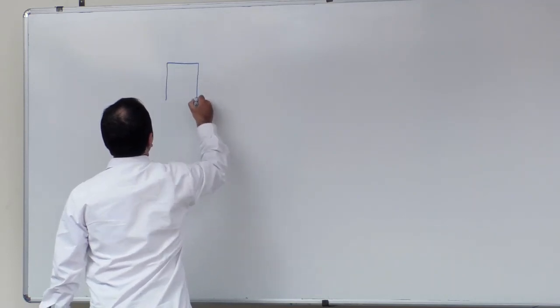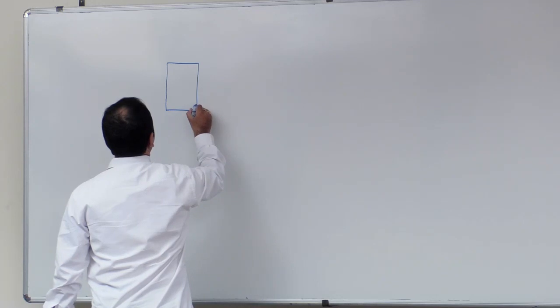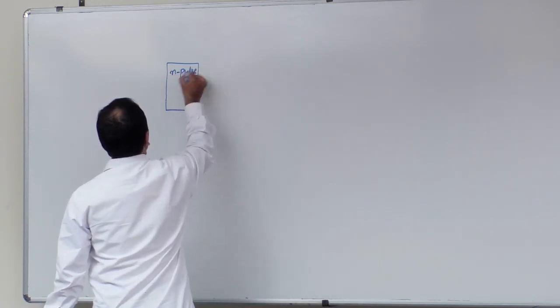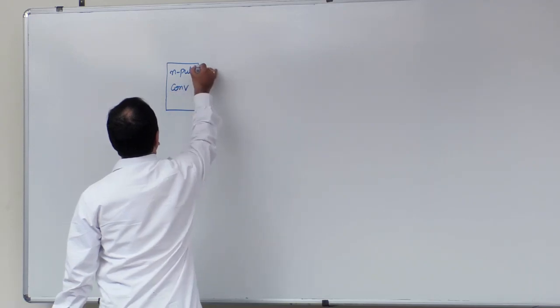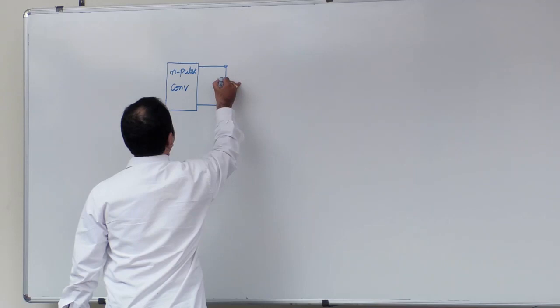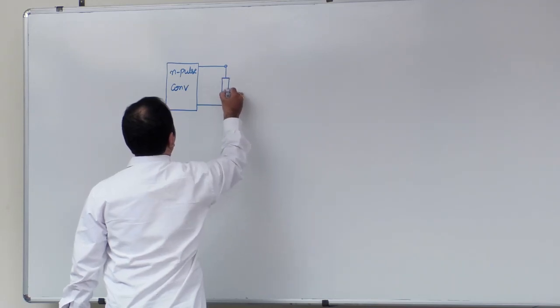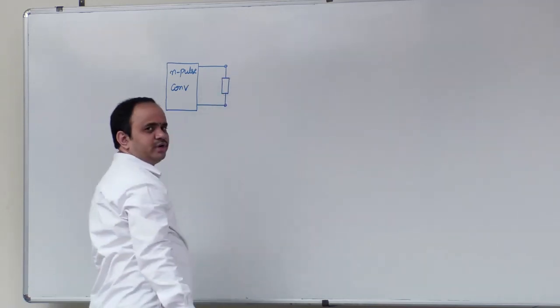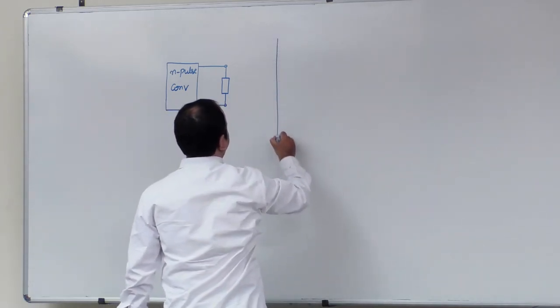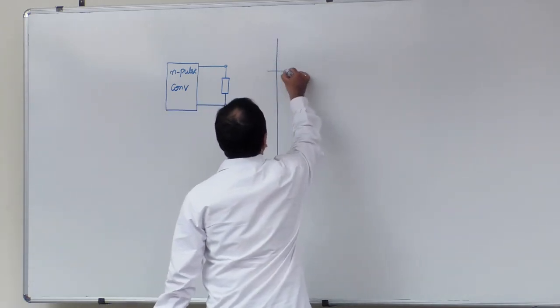consider there is an n pulse converter, okay, and at the load side, now I am going to draw output voltage waveforms for different categories.